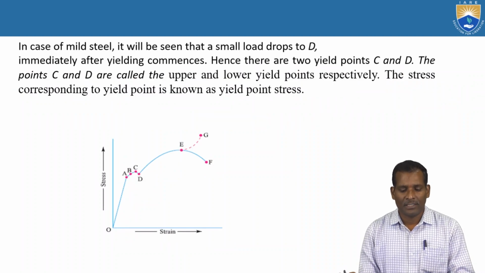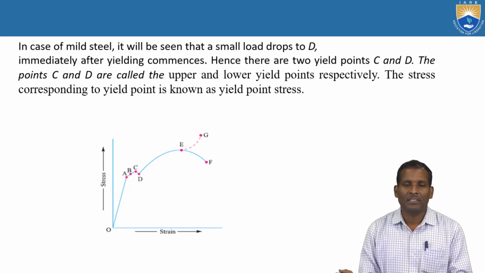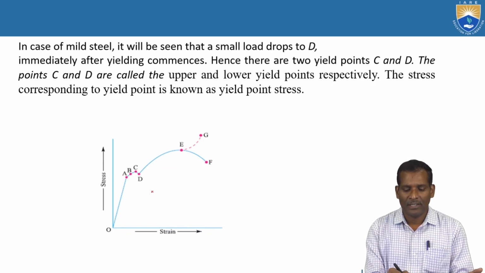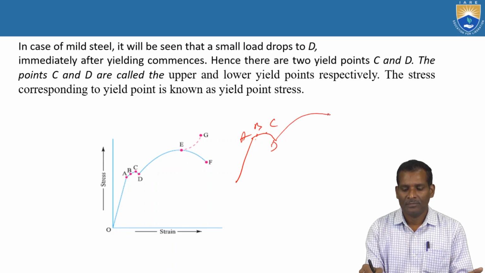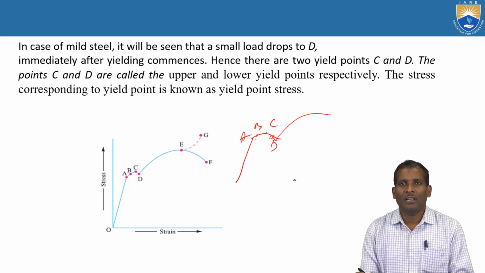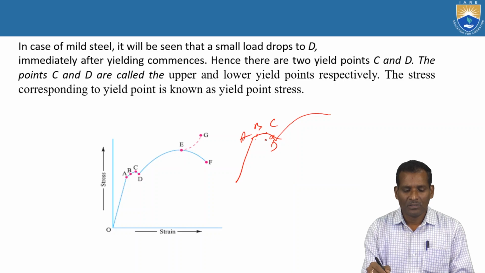Take mild steel as an example. Mild steel is a ductile material. So it will be seen that the load drops to D here, again from C to D, after A and B. It drops down immediately after yielding commences.